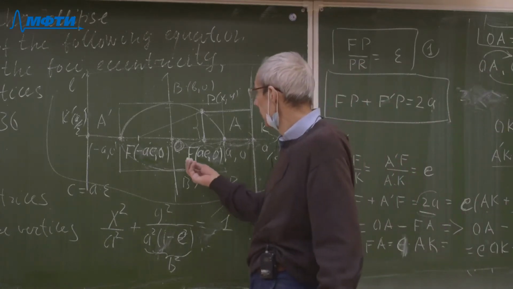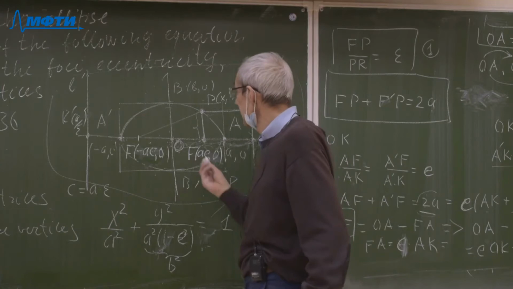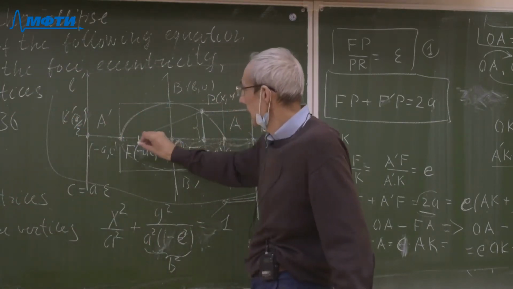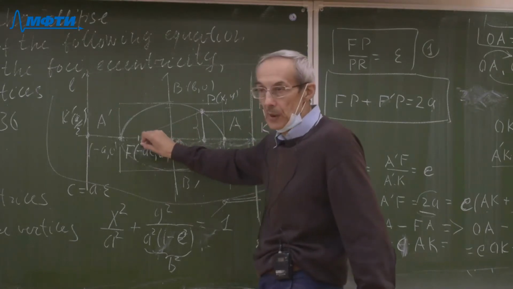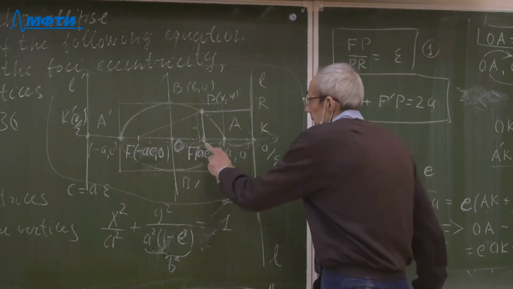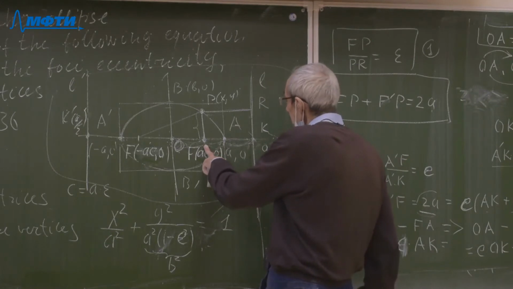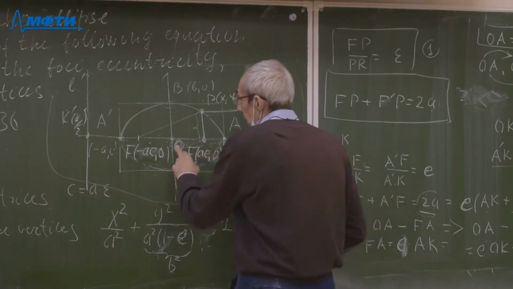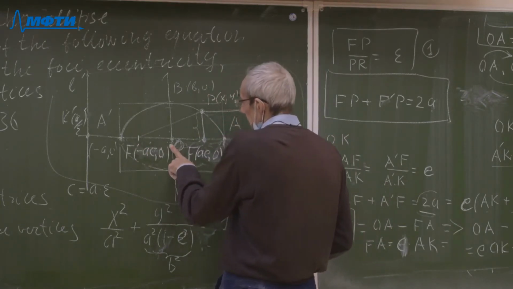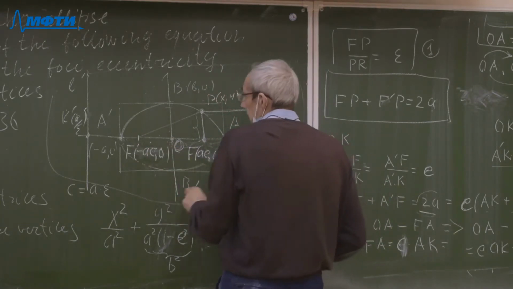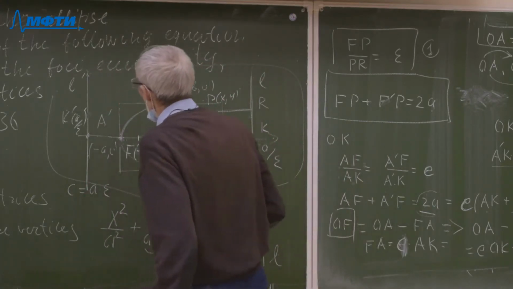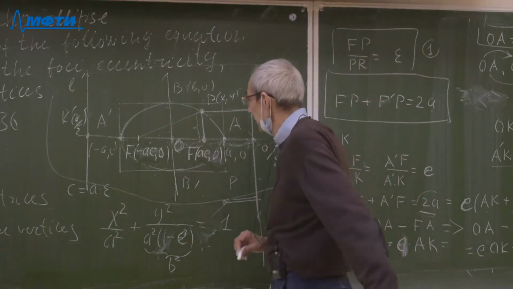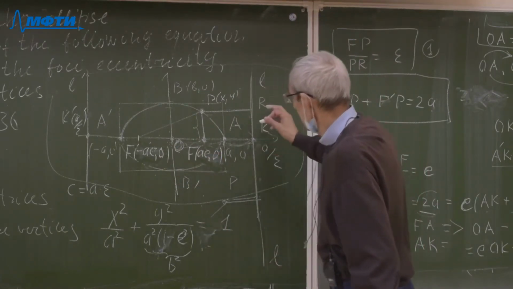We call these points foci: one focus and second focus, F and F prime. F is our fixed point, and L is the fixed straight line. F prime is the symmetric point relative to the origin, and L prime is the symmetric straight line. We have 2 symmetric points and 2 symmetric straight lines.